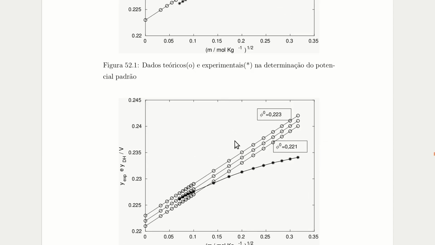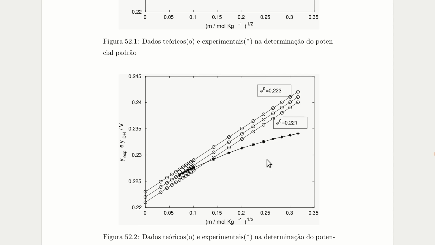And I'm free to change the reference potential, the reference cell potential. I'm going to show it using my program. But here you see I have put this standard potential as 0.221. I'll get this straight line. These are the experimental results, the data with stars.